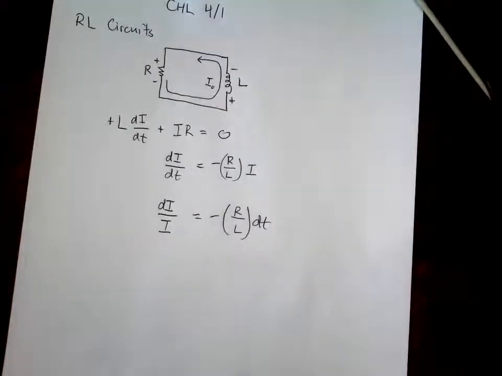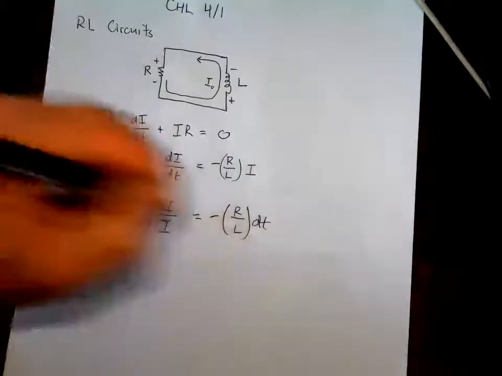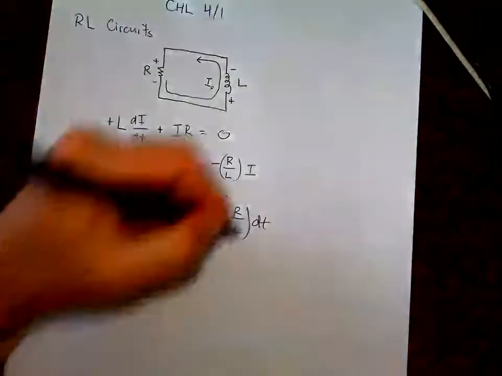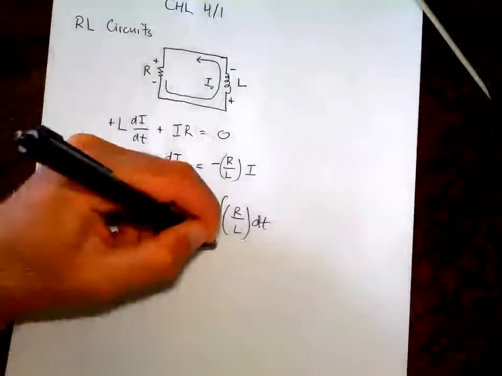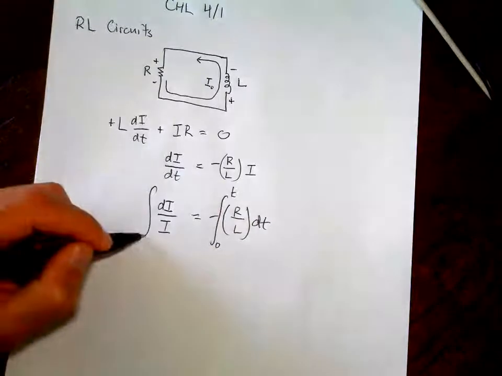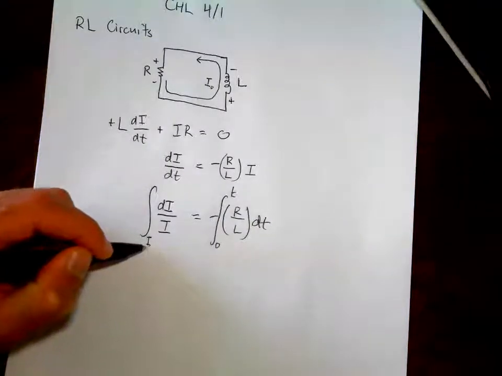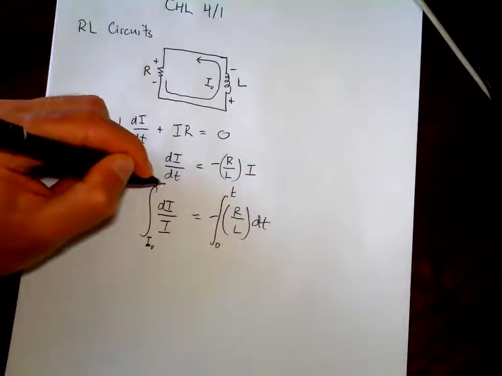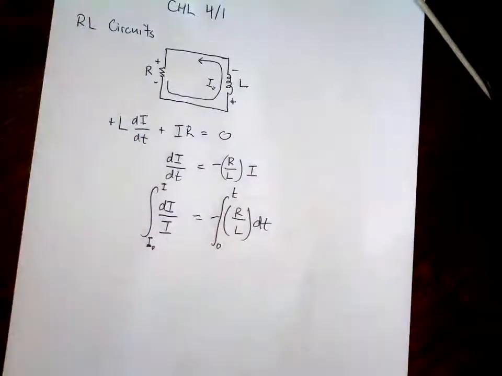Now I want to integrate both sides. On the time side, I'm integrating from 0 to time t. At time 0, the amount of current is I naught, and at time t, the amount of current we'll just call I.